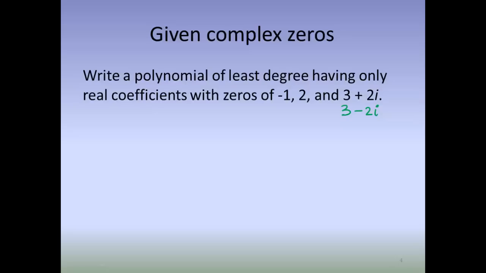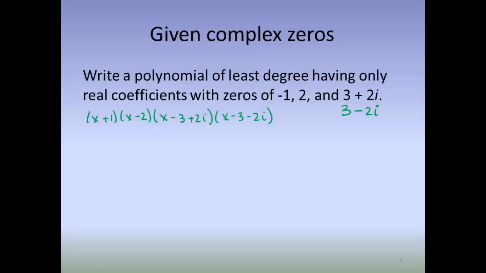Looking at all of this, that means I'm going to have a polynomial of degree 4. I've got 3 plus 2i, 3 minus 2i, and then the two real zeros. So this has a degree of 4. Let's start by finding the factors: x plus 1, x minus 2, x minus 3 plus 2i, and x minus 3 minus 2i.